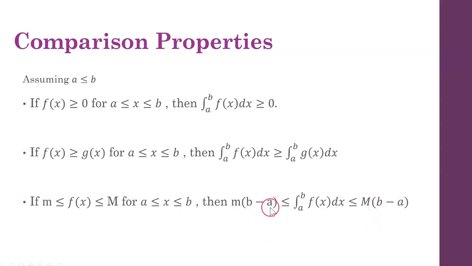So m times b minus a gives the area of a rectangle created at the value m, and capital M times b minus a is the area of the rectangle created at capital M. So the area under my function would be between the areas of those rectangles.